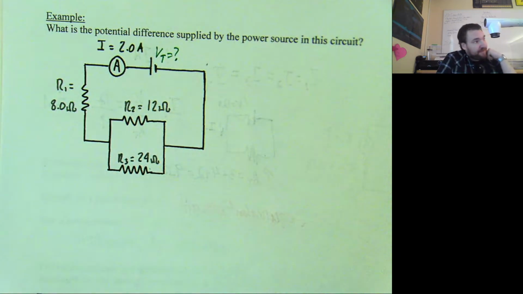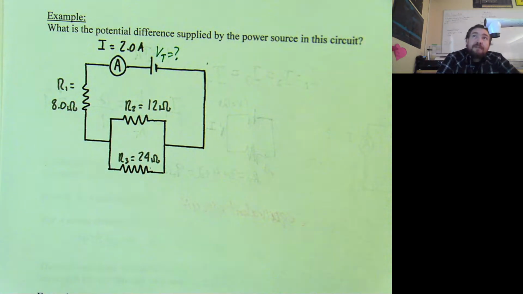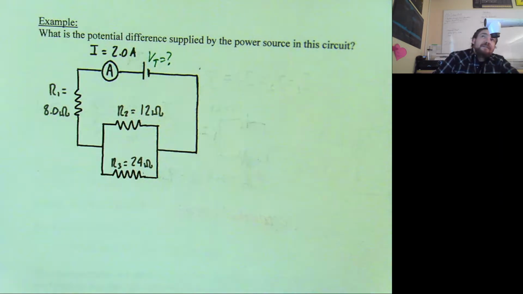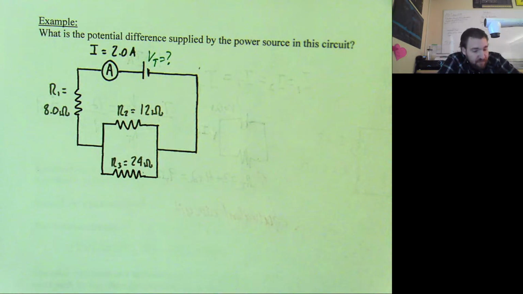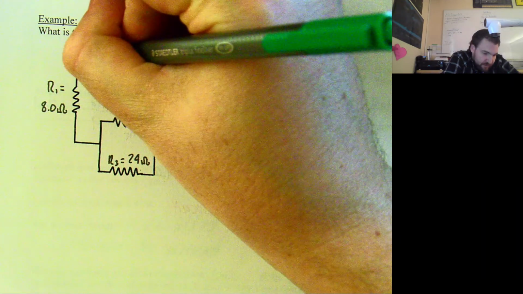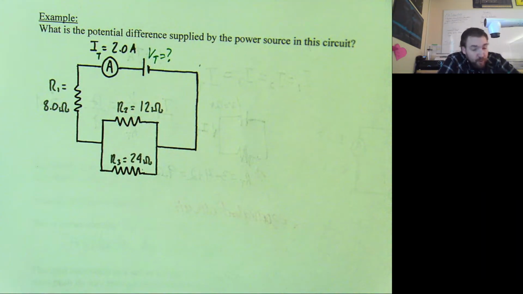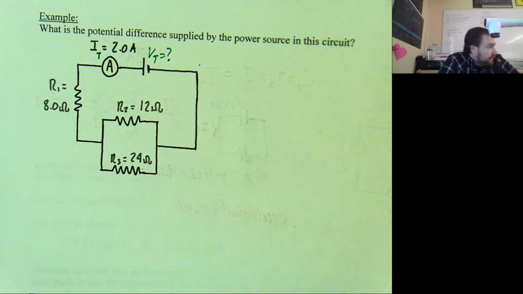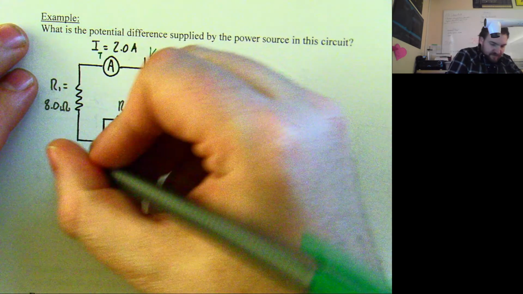Yeah, Winston, we're looking for VT. So we know total current. We're looking for total voltage. So what do we need to find to allow us to find total voltage? Sorry? I need total resistance.